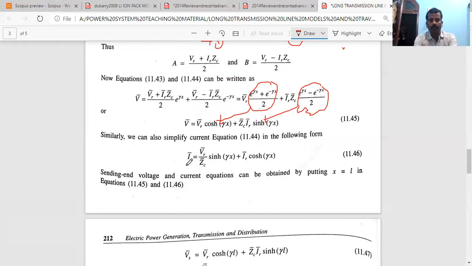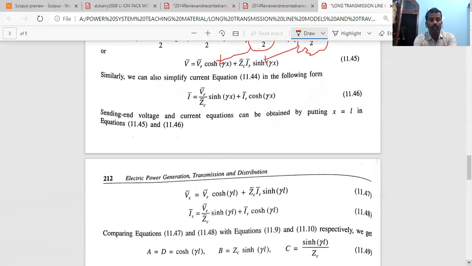Similarly, we will get the value of dI by dx. There was already the minus sine, it will become sine hyperbolic, and the plus sine becomes cos hyperbolic, right?